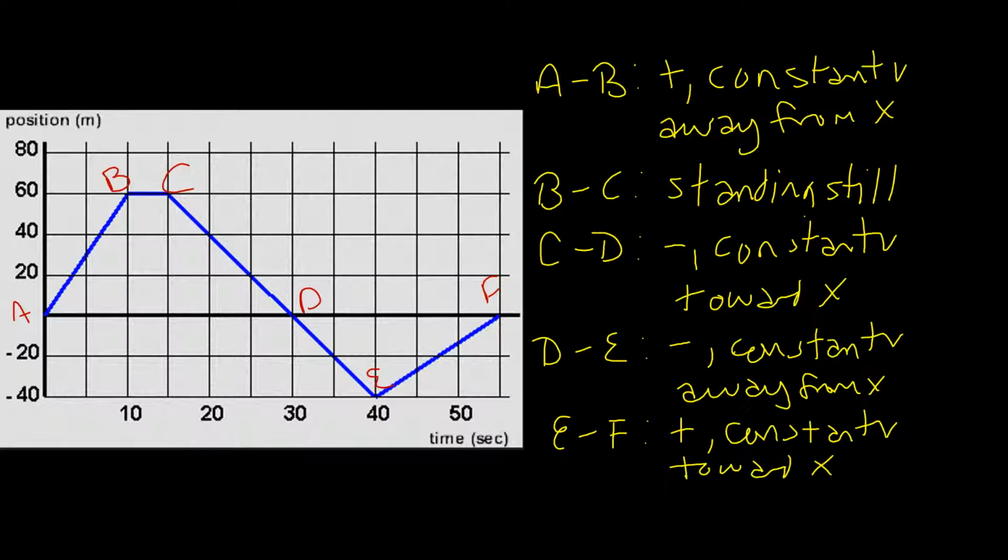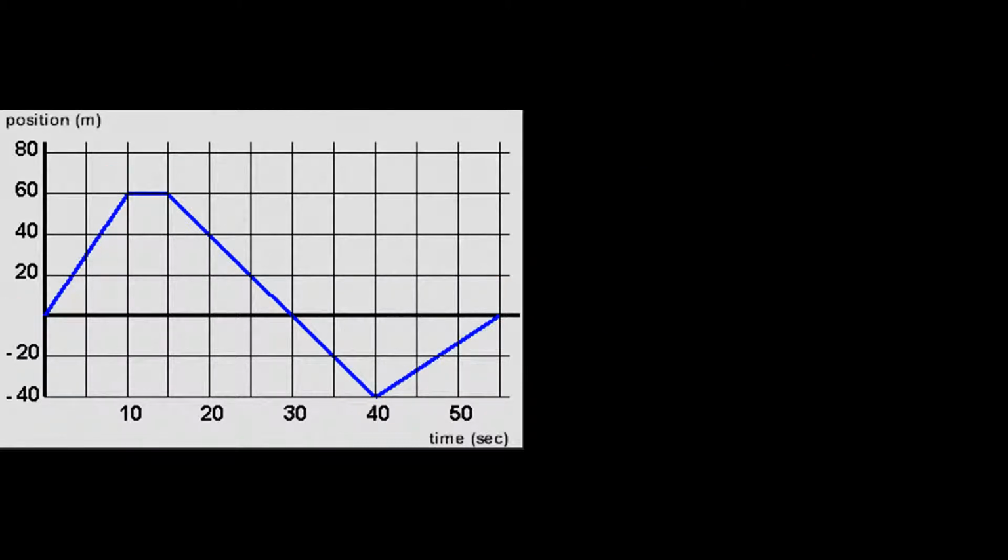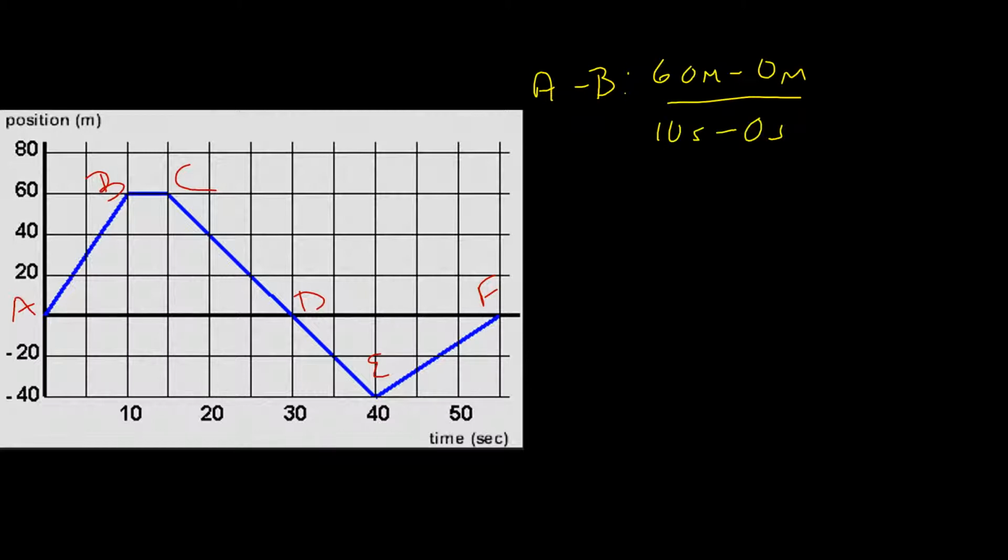Now the other thing we need to know about is how to actually calculate the slope of the line. So again, I'm going to label my points here. Calculating the slope is simply rise over run. From A to B, our rise is 60 meters minus 0 meters over 10 seconds minus 0 seconds, which gives us 60 over 10, or 6 meters per second.